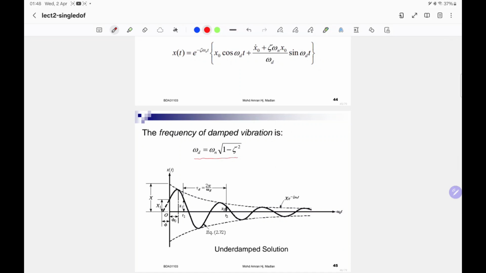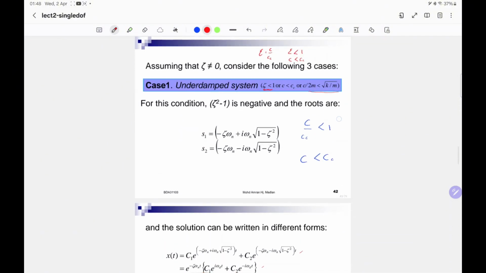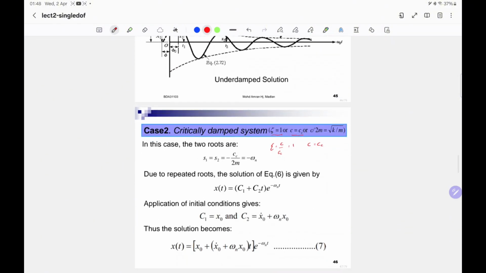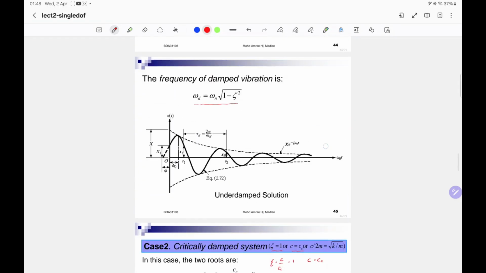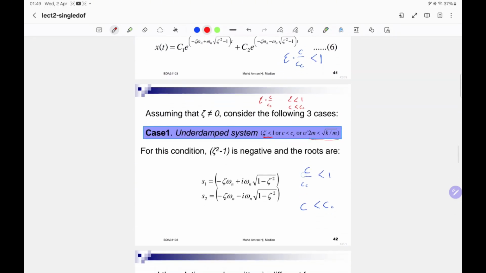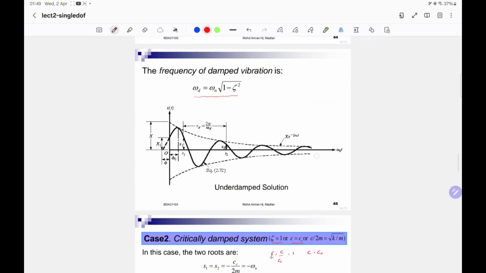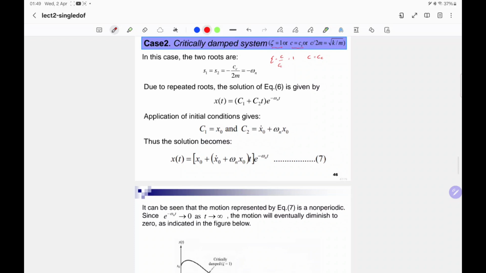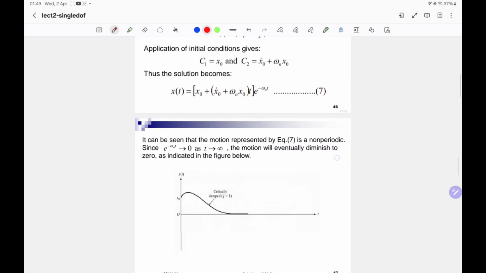Alright, so let's look at the response between underdamped, critically damped and overdamped system. If you look at the response for underdamped system, the damping effect is not that large. You can see that from time to time the vibration dies out. But for critically damped, the name suggests that the damping effect is high.